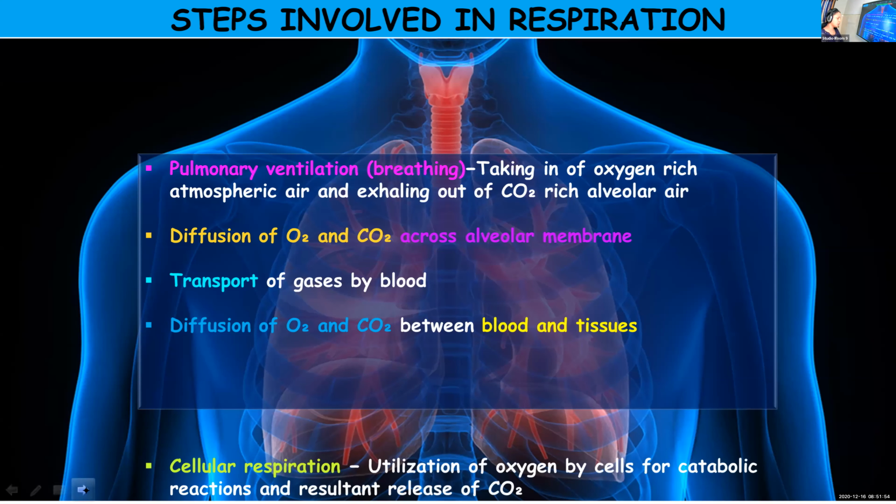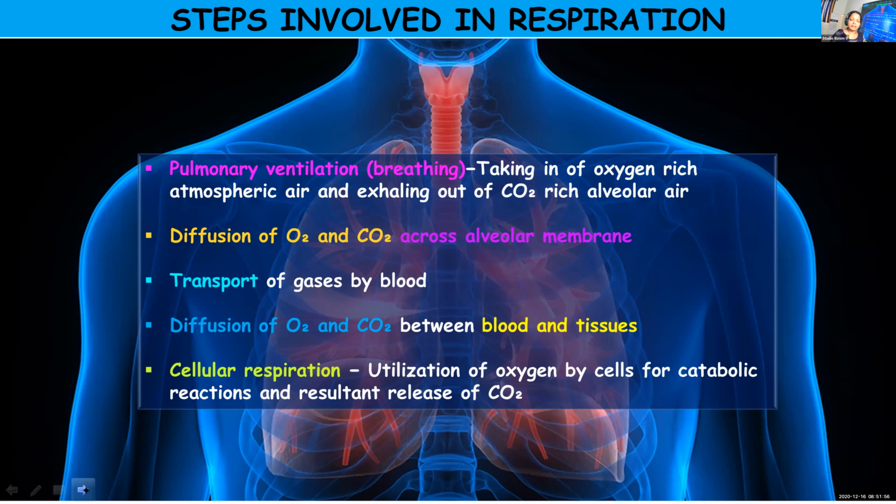Cellular respiration. So once the cell is loaded with oxygen, what is the next function? The food material should be burned, or oxidation of food material should take place, or you call it cellular respiration. So in respiration, what is happening? Using the oxygen, glucose is oxidized or burned, and as a result you get energy and carbon dioxide will be formed.